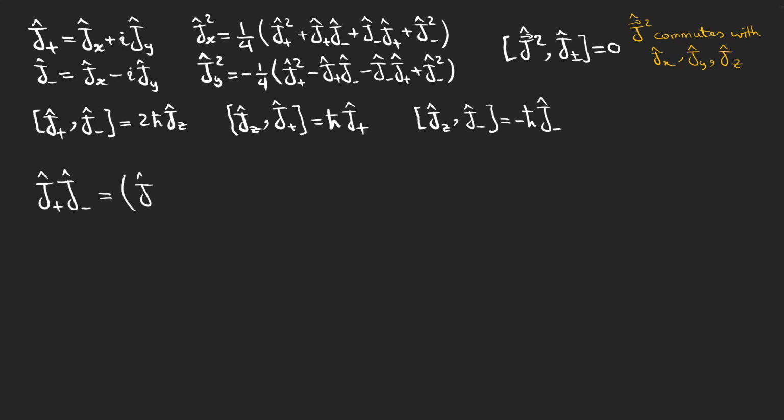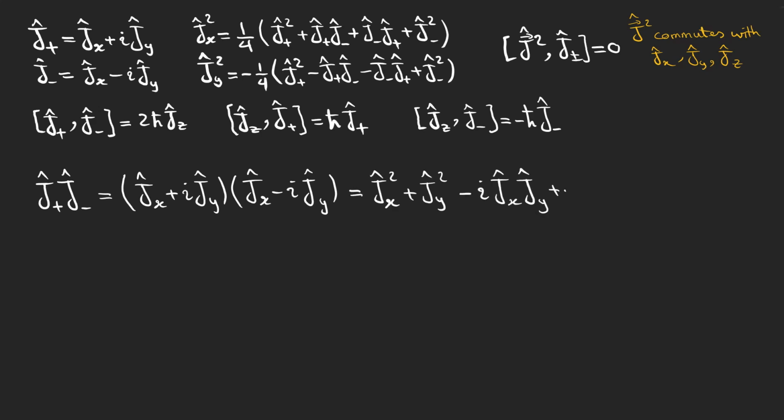Now we are going to find the j plus j minus operator in terms of j squared and jz. We can write it as jx plus i jy times jx minus i jy, and you can actually do the calculations. This gives jx squared plus jy squared minus i jx jy plus i jy jx. Pay attention that jx jy is different from jy jx because they don't commute with each other.